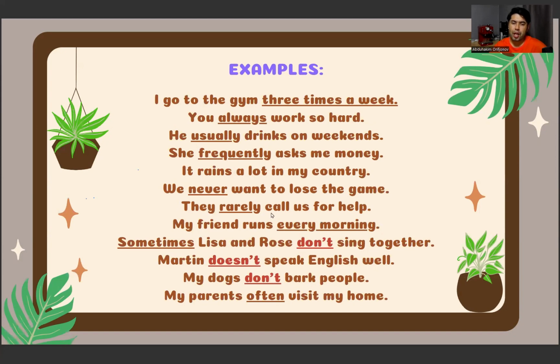They rarely call us for help. My friend runs every morning. Sometimes Lisa and Rose don't sing together. You know Lisa and Rose, Blackpink. Martin doesn't speak English well. My dogs don't bark at people. My parents often visit my home.